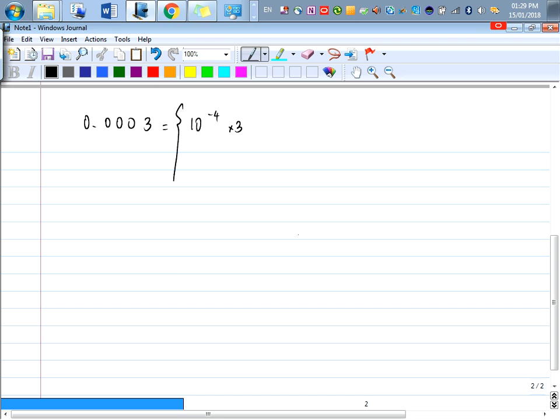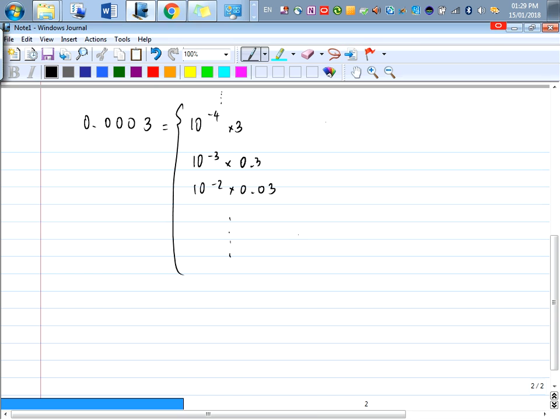At the same time, we have many, many options. 10 to the power of -3 times 0.3, right? 10 to the power of -2 times 0.03, and so on and so forth. And I can go in the other direction as well. So the question is, does any of them fall in the standard form?